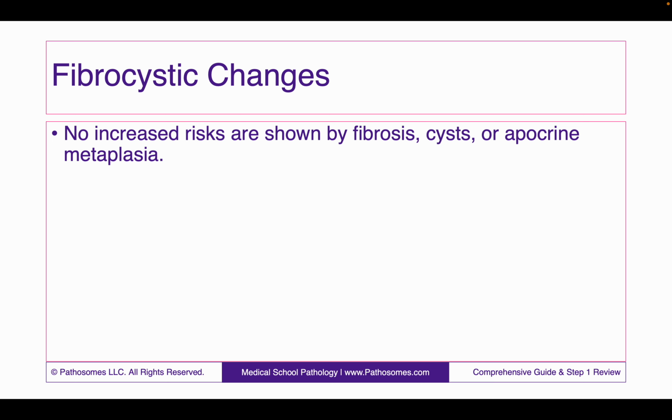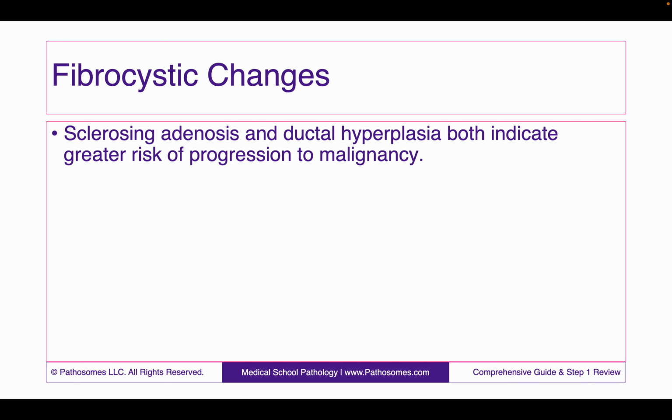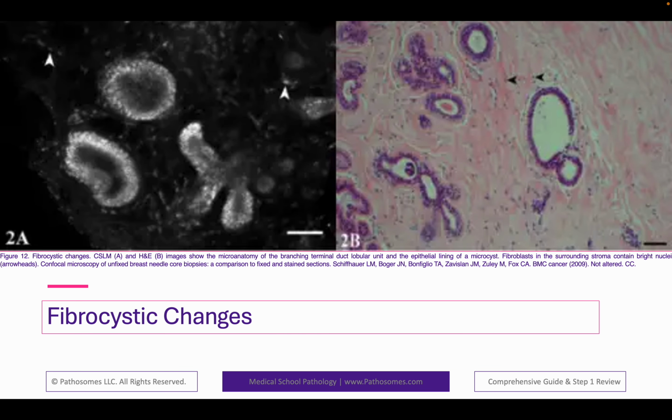And in regards to fibrocystic changes, no increased risks are shown by fibrosis, cysts, or apocrine metaplasia. Sclerosing adenosis and ductal hyperplasia both indicate greater risk of progression to malignancy. And here we have some histology showcasing fibrocystic changes.